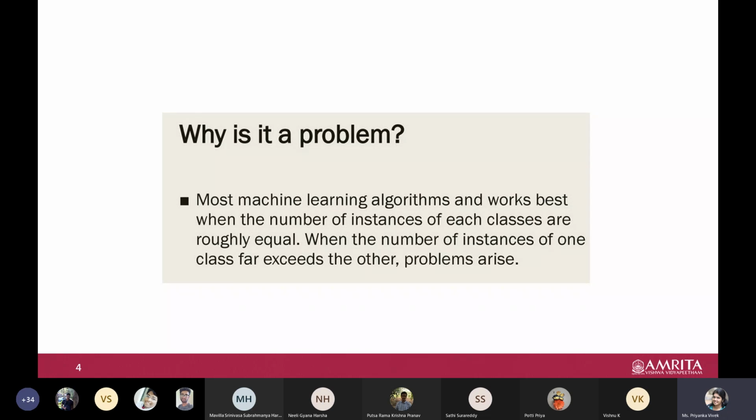Since we have a large number of samples with cancer not present, there is a high chance that the model might predict the others also into the same class. So even the patients having cancer might get predicted as no cancer.